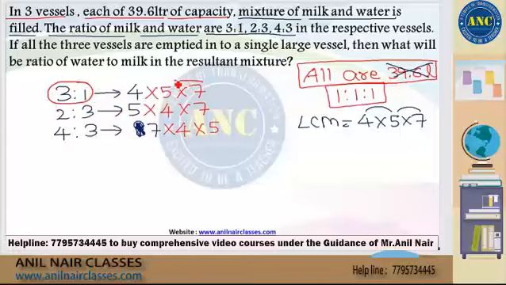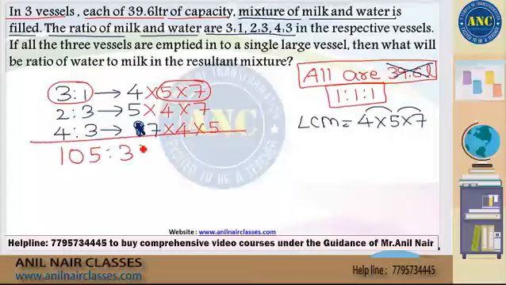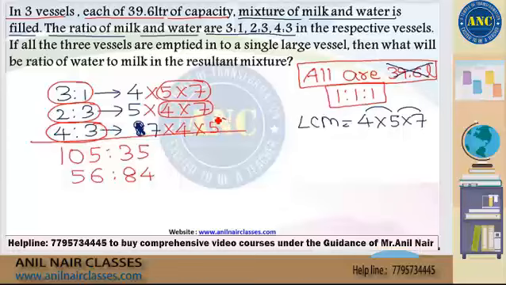3:1 is multiplied with 35. So this becomes 3 into 35, 1 into 35. 2:3 is multiplied with 4 into 7, 28. So 2 into 28 is 56, 3 into 28 is 84. 4:3 is multiplied with 20. 4 into 5 is 20. 4 into 20 is 80. 3 into 20 is 60.